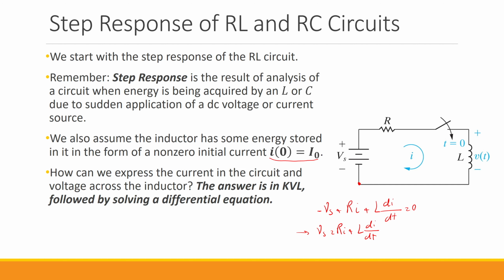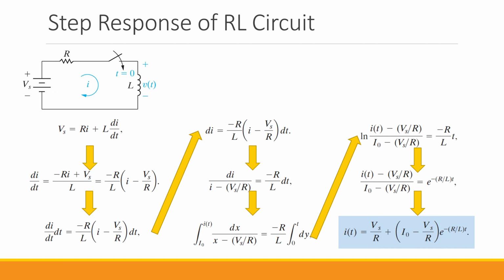This involves multiple steps, so let's go over them. Even though this may look complicated, they are all algebraic manipulation until we get to the integral part. We have Vs equals Ri plus L di over dt.